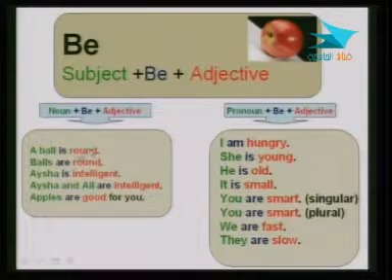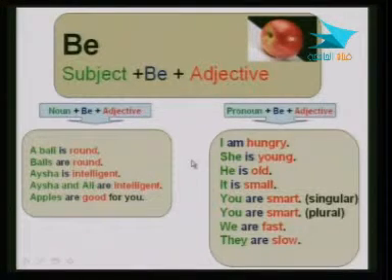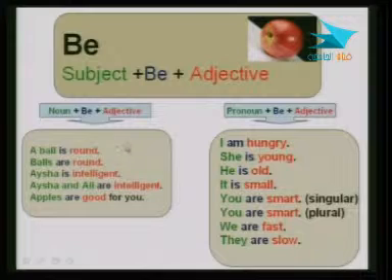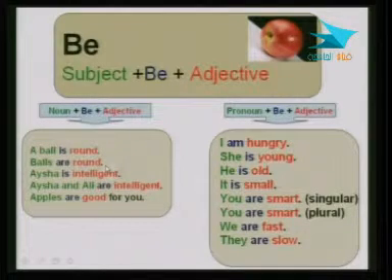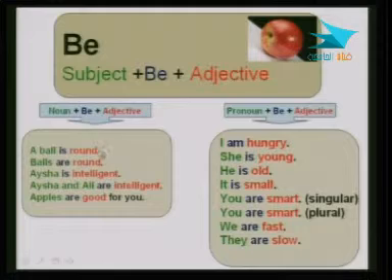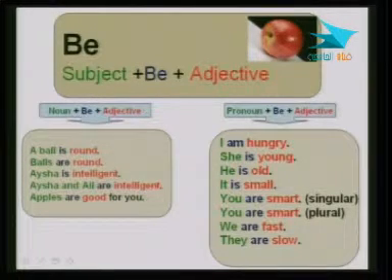Remember, in English, the form of the adjective does not change with the change of the subject. Here, this is singular: a ball is round. This sentence: balls are round. Now, the adjective here and in this sentence doesn't change.